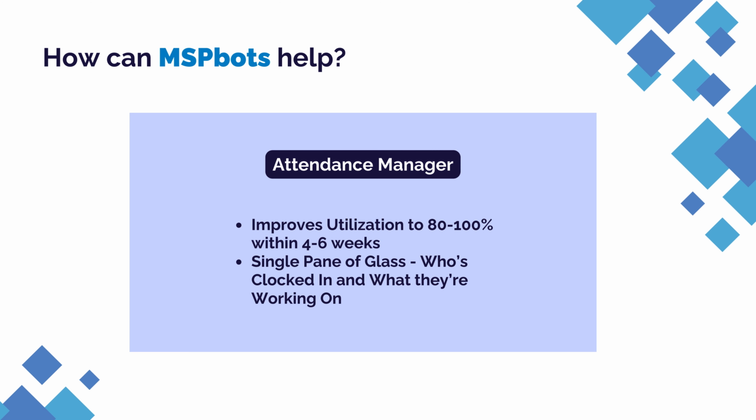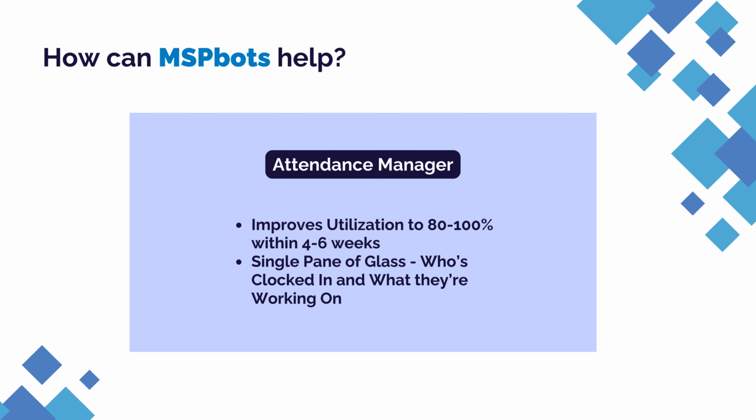And finally, we do have an attendance manager here. This attendance manager helps not only provide updated status on what the technician is doing that day, whether they're in or out, on site, working from home, but also gives them visibility into what the team is doing. Are they working on a ticket? Are they idle? In addition to that, our bots can help improve your utilization.